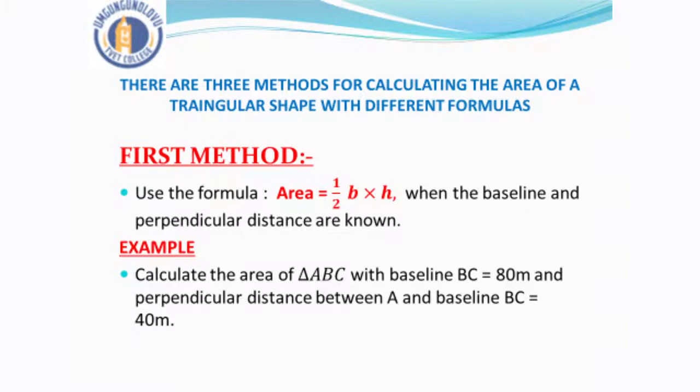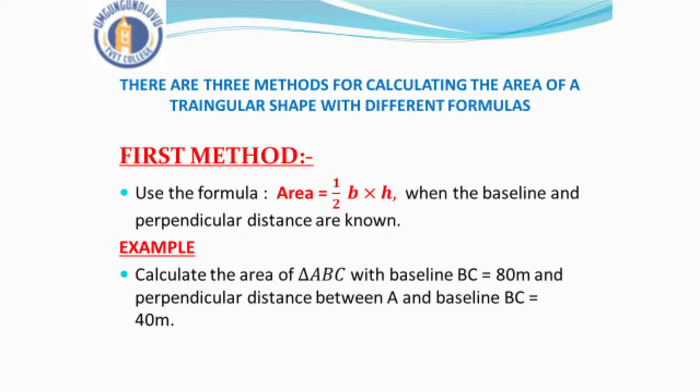Let us first look at the first method. We use the formula area is equal to half breadth times height when the baseline and the perpendicular distance are known. Let us look at the example so that you will find what is being required here.